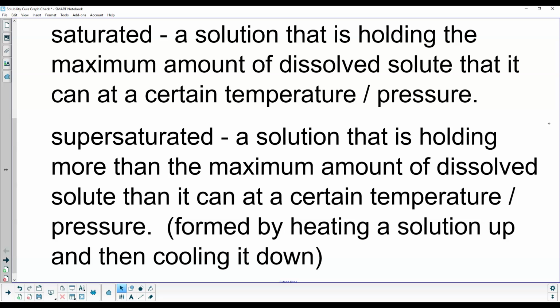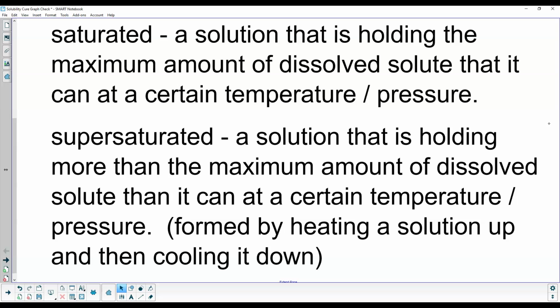So you're heating it up to a point where it will dissolve all of that solute. And then as long as you don't disturb it, if you just leave it alone and allow that solution to sit there, usually that dissolved solute will stay in solution. Now, if you agitate it, bump it, add a seed crystal, stir it, do anything to it, then usually all that extra stuff will precipitate out.